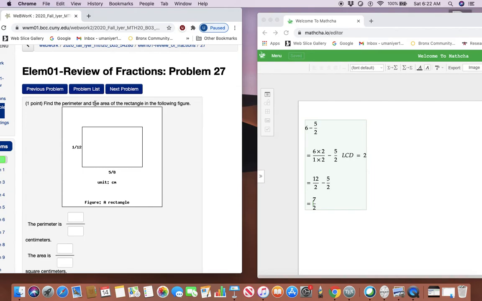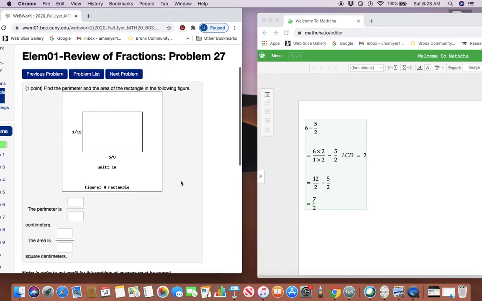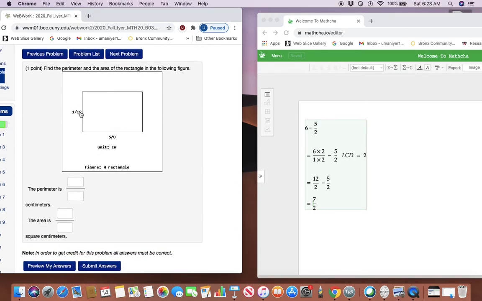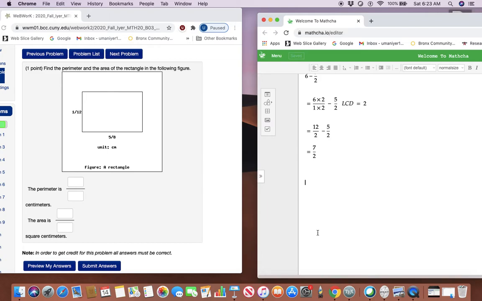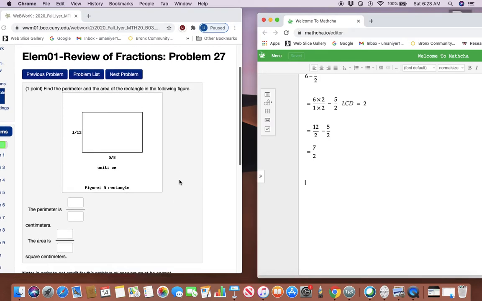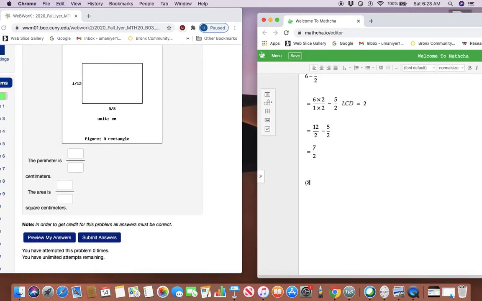Find the perimeter and area. So perimeter means when you add all the sides up. Area is when you multiply the length and the width. So this is problem 27. Perimeter is the sum of all the side lengths.